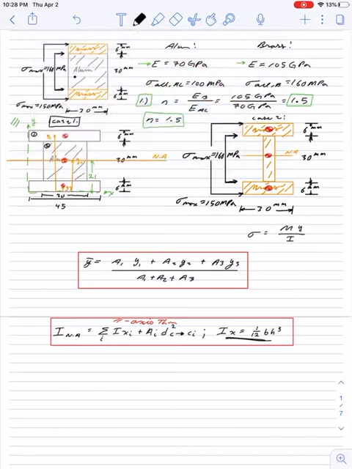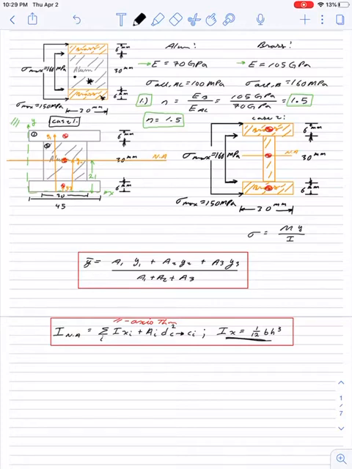If you think about it, if brass can withstand more pressure than aluminum, it makes sense that this aluminum piece right here and this brass piece right here are going to be able to withstand different amounts of pressure. So to convert everything to aluminum, I'm going to need more aluminum in the brass area, right? Because this brass area could withstand more pressure.